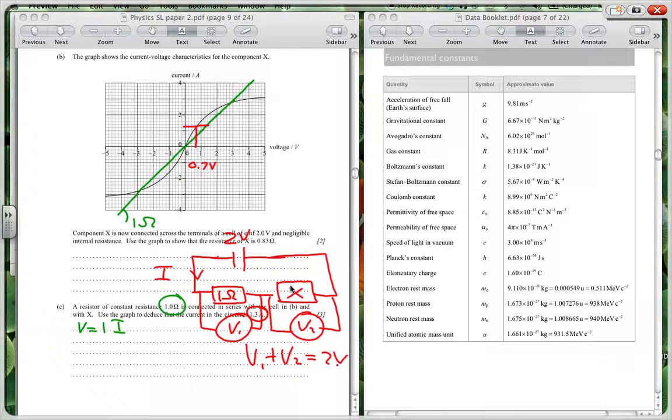That is for my component X. So for my component X, I'm getting 0.7. And if I go across to my 1 ohm resistor and go down here, you can see I'm at about 1.3 volts, and that together gives me my 2 volts. So it does seem that your 1.3 amps is going to give you the potential difference that you require, 1.3 and 0.7 giving you your 2 volts.